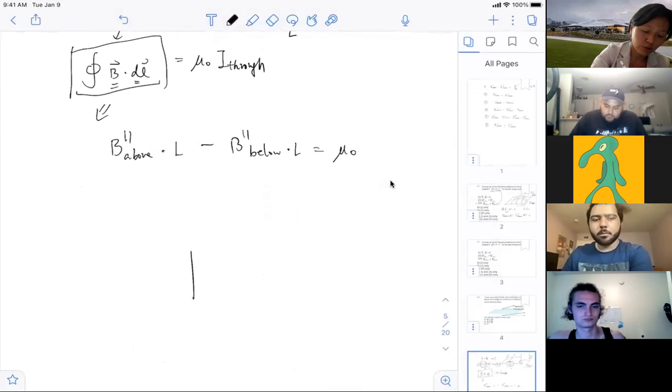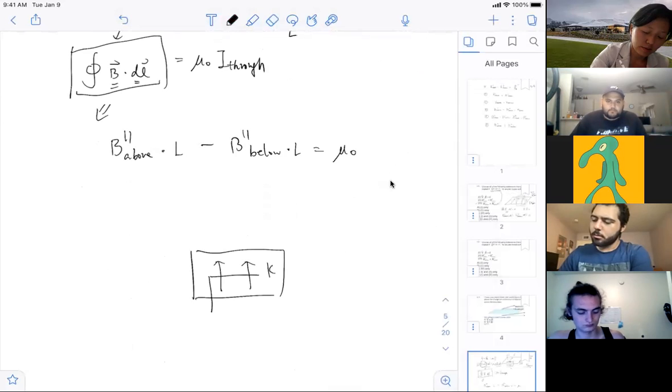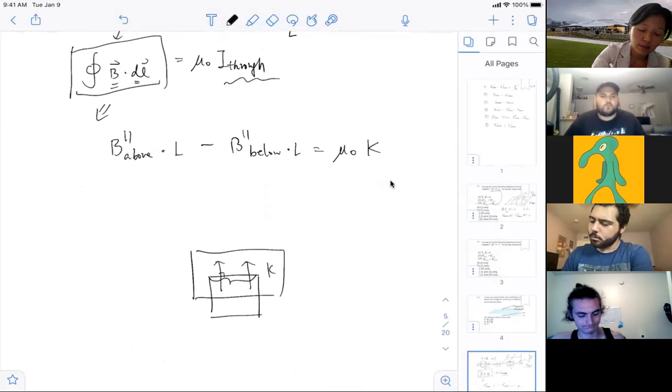If I redraw it this way, this is my current, and this is the loop I draw. So this is perpendicular. This is perpendicular. So current I is K times L. K times L, so I can get rid of this L from both sides.